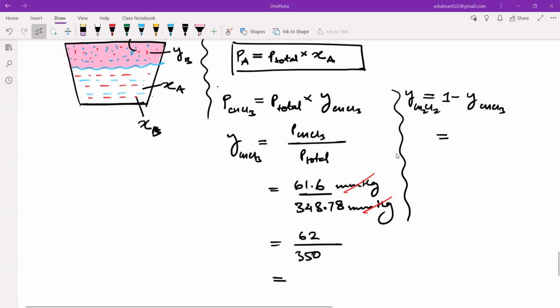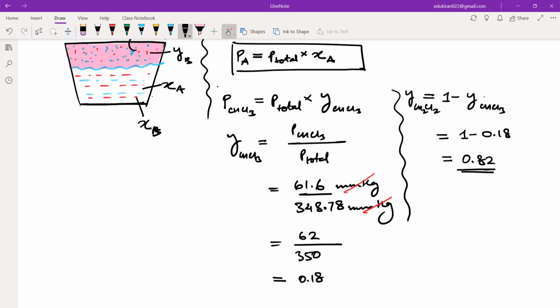Yes, correct. This is equal to 0.17. Now, Y of CH2Cl2 will be equal to 1 minus 0.17. If you see, it will be 0.77 approximately, so if we approximate, it should come to 0.18. It will be 0.18, so this will be equal to 0.82. Okay.